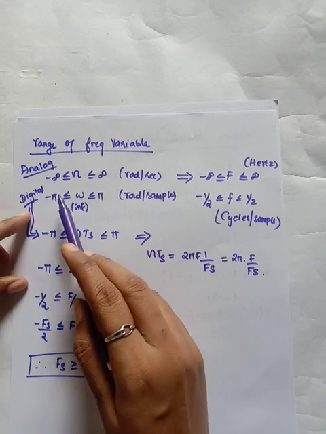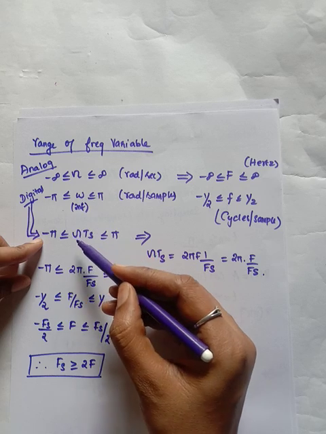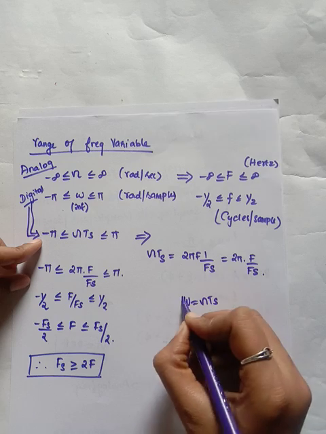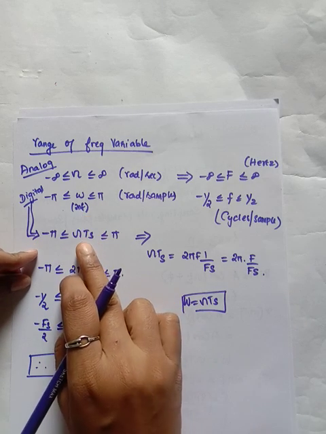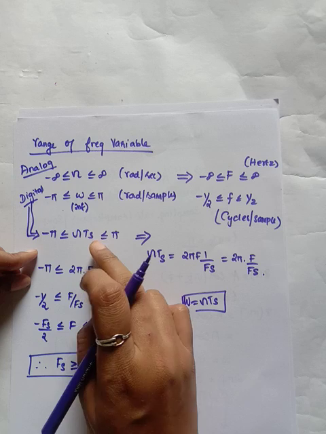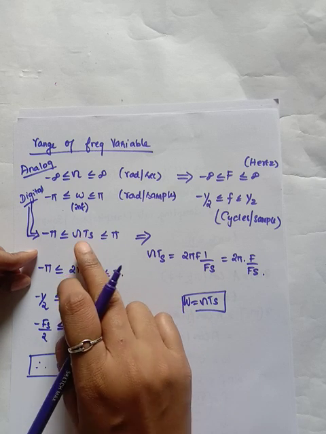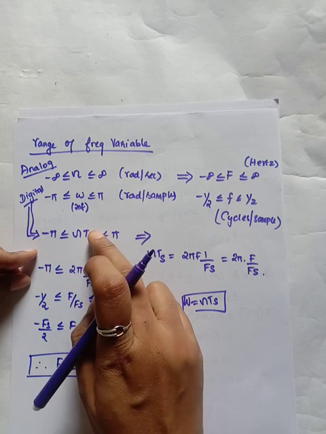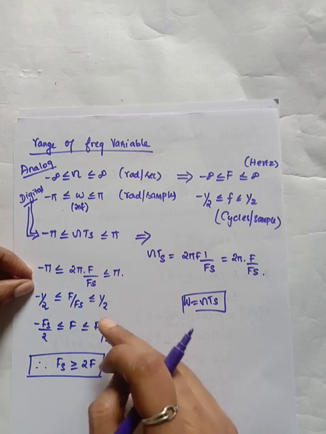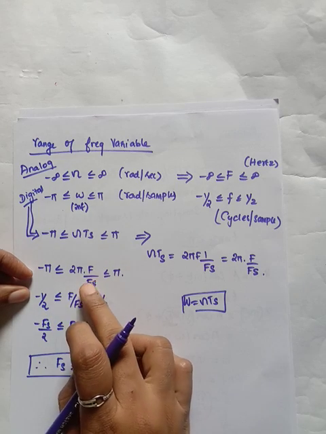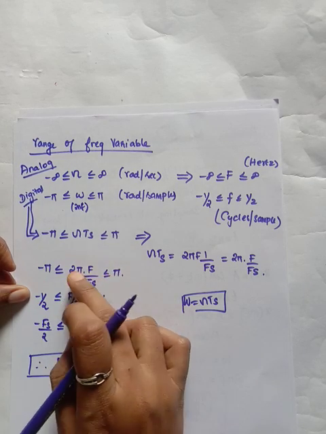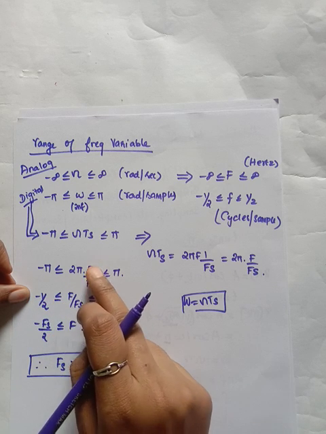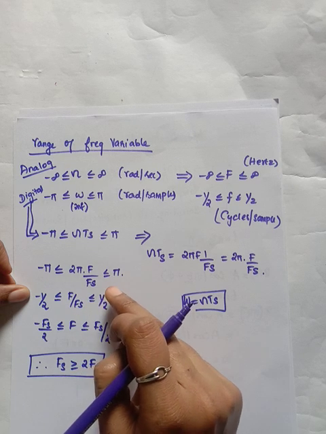Now take this. We know the relation omega is equal to ohm Ts, so I am substituting this. Also we know that ohm can be written as 2 pi F, and for Ts I am substituting 1 by Fs. The pi gets cancelled and bringing Fs to the denominator, we get minus 1 by 2 less than F by Fs less than 1 by 2.